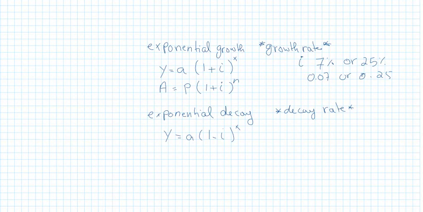Now, these are the formulas that we use for exponential growth and decay. Then we have the ones that are special cases. Okay? So if the question says you're doubling or half-life or things like this, we have special case formulas for these.